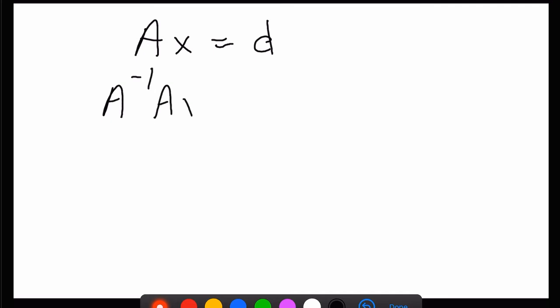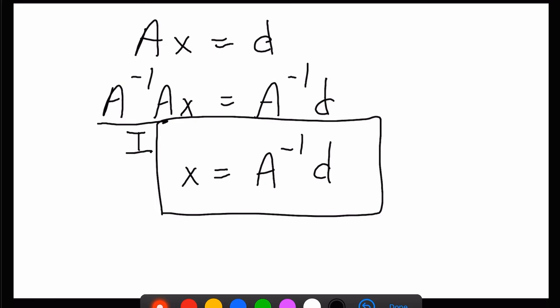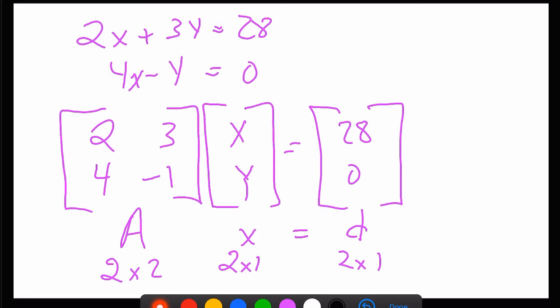So I multiply A inverse to both sides of my equation. Those two things become I. They go away. That's 1, right? So I get X equals A inverse D. Now that is a beautiful equation because now I can solve for X. I don't have to solve for Y, stick Y in there, do all the algebra.